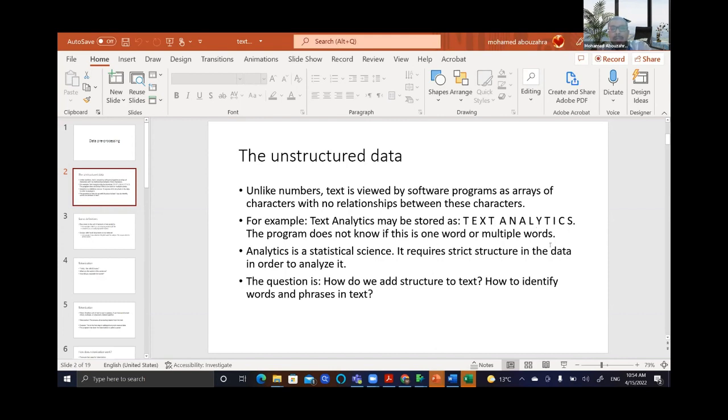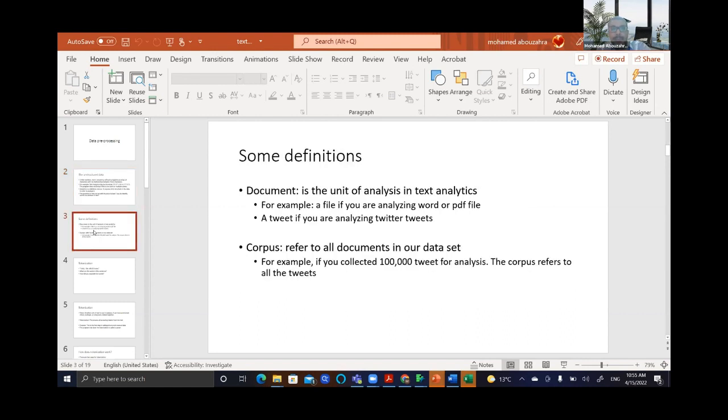It doesn't understand there's something called a word, a phrase, or a sentence. The first step for us to do anything with text is to convert this text into words, convert them into sentences and so on, to be able to understand what they mean.